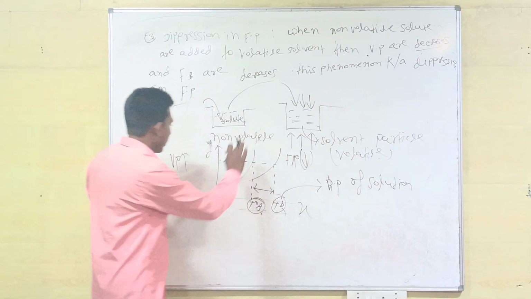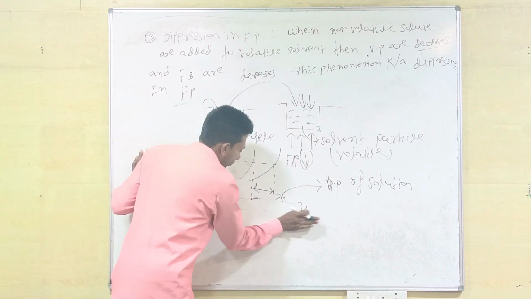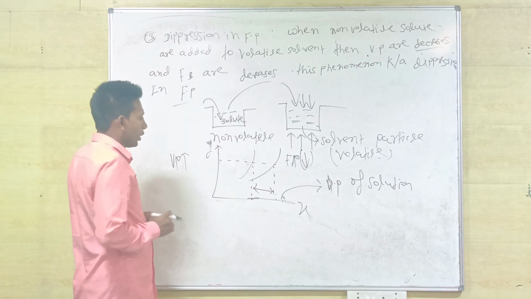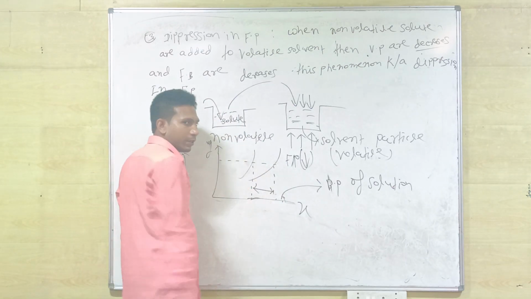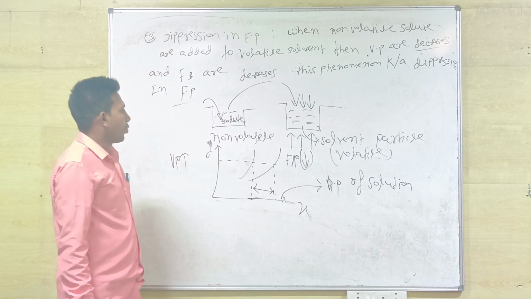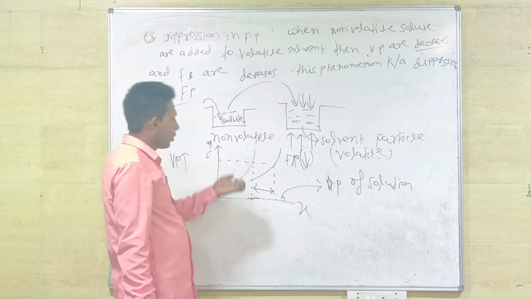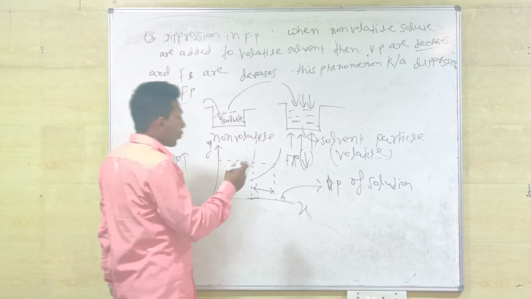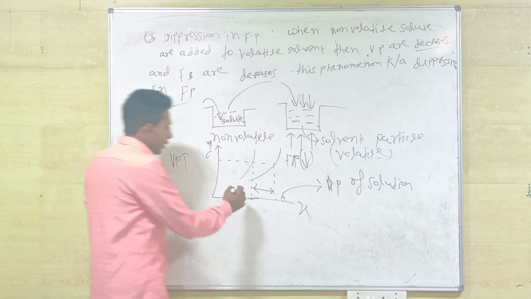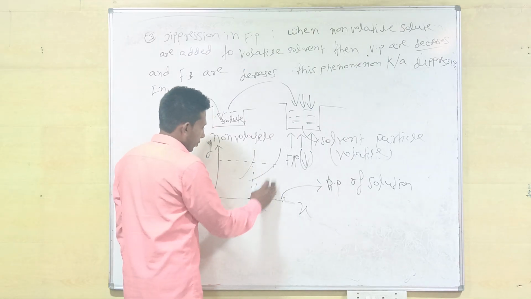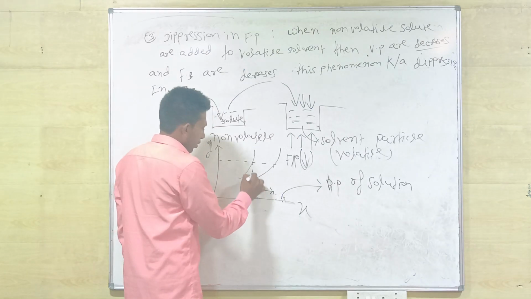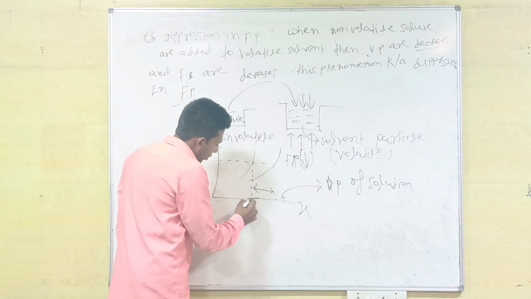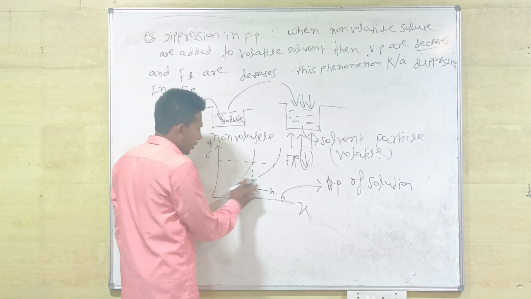Again, I am coming to understand it through the graph. Firstly, we have the pure volatile solvent. To freeze it, we need some lower temperature.